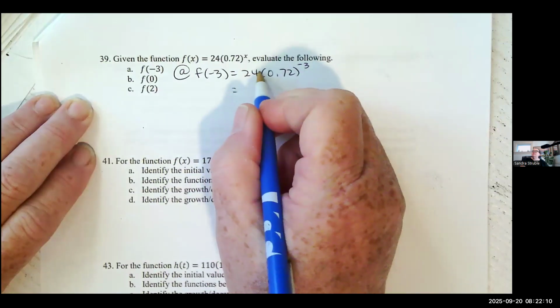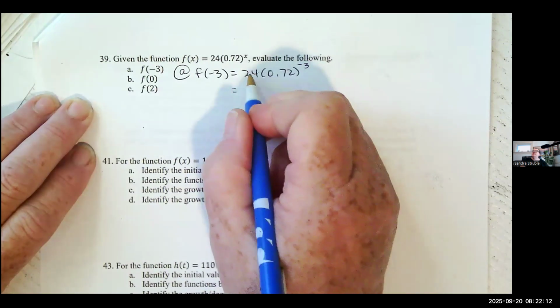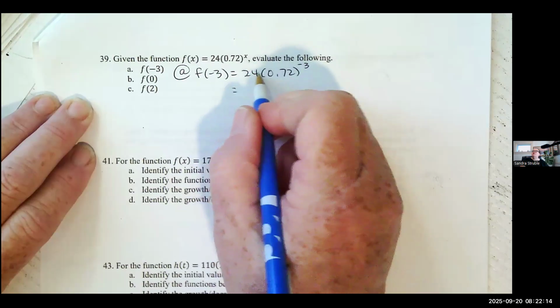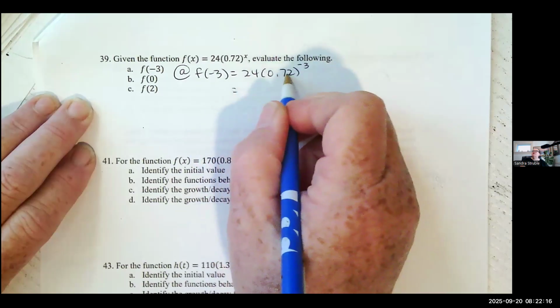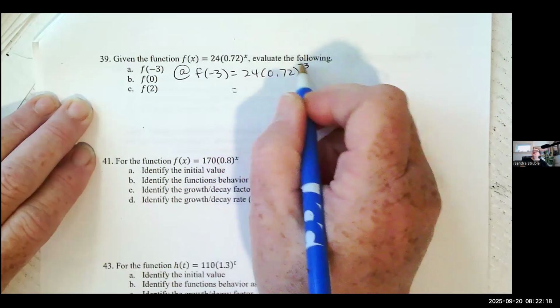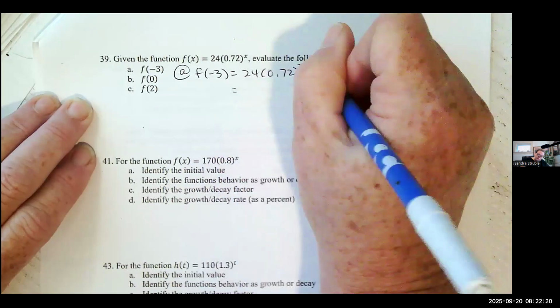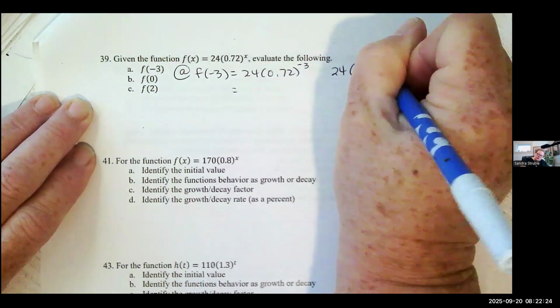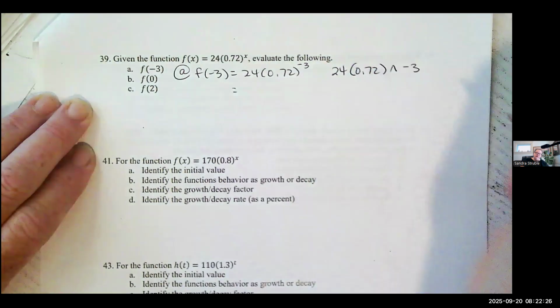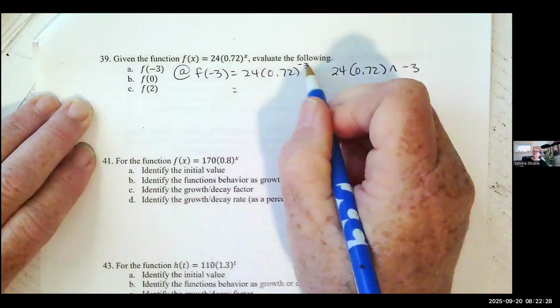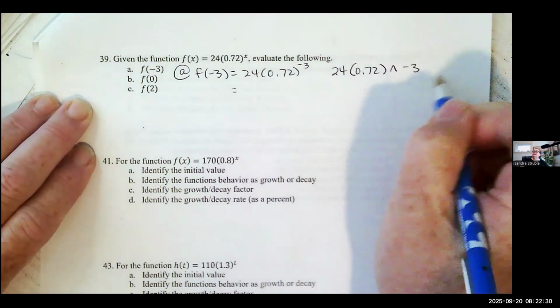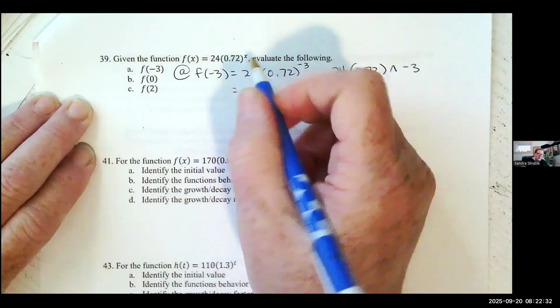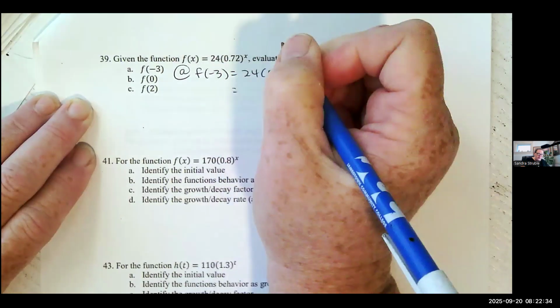The XAs need you to put your multiplication sign in here. Otherwise, everyone else, 24 parentheses, 0.72 parentheses, caret, -3. If you're multiplying up here in the exponent, that's when you need to use the parentheses in the exponent. But that's going to give me an answer of 64.3.